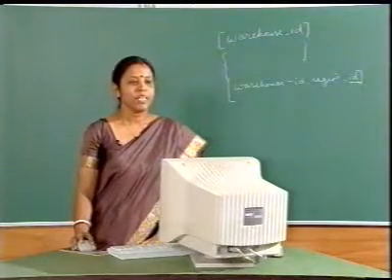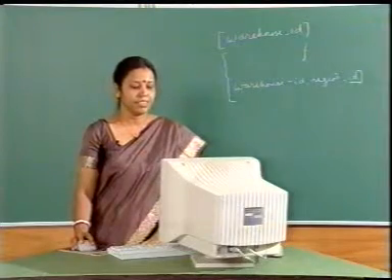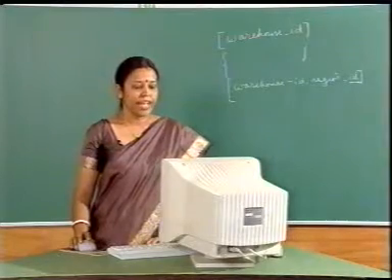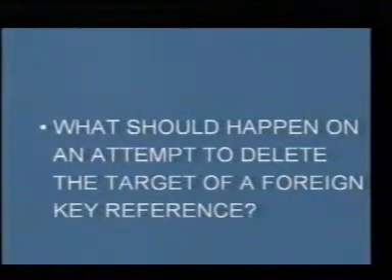Now the concept of foreign keys and nulls. The relational model has permitted nulls to appear in foreign key positions. There may be one question again: what should happen on an attempt to delete the target of a foreign key reference?